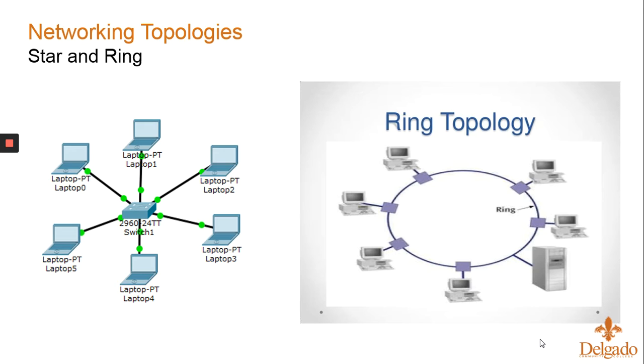The topology on the right is a ring topology. In this case, each little square in that ring would be a switch or some kind of tap, perhaps. And off of that device in the ring, the switch, you would go off to a device such as a computer or a server.